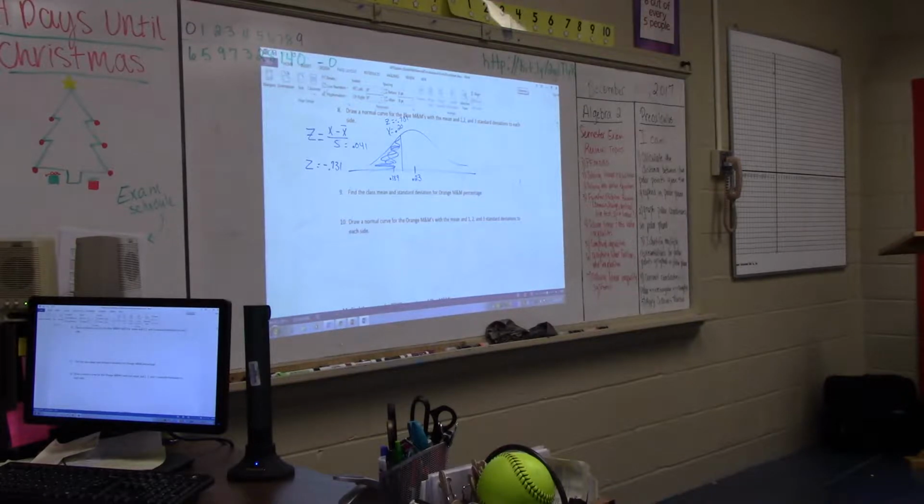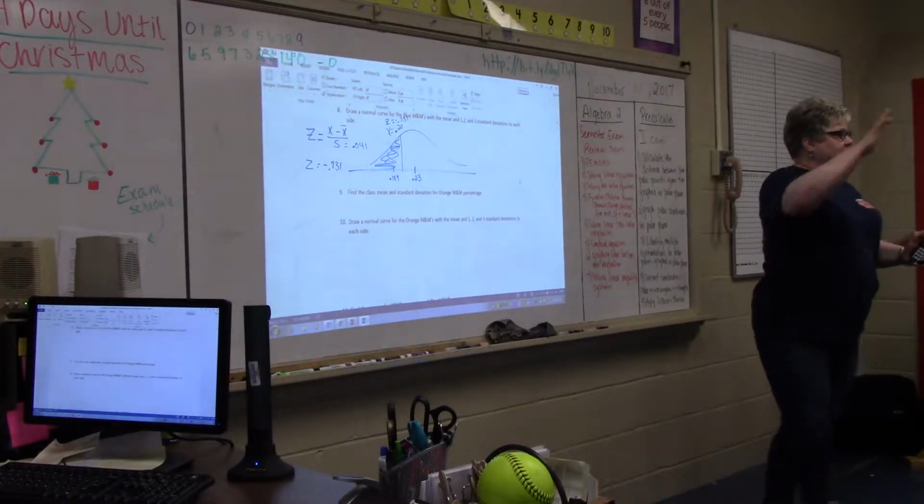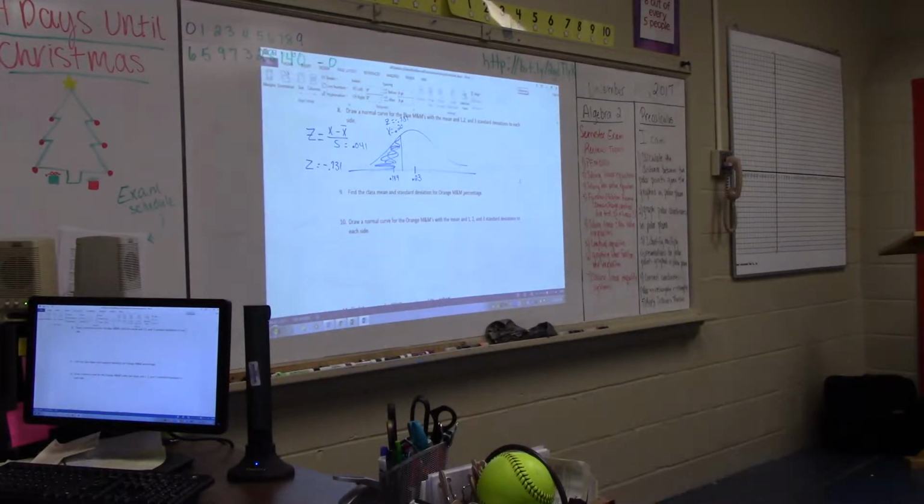Anybody else got questions about shading, filling in? You hadn't done it in a while, so you just forget. Okay, so 0.24 says that you are sitting... Oh, we're on this graph.